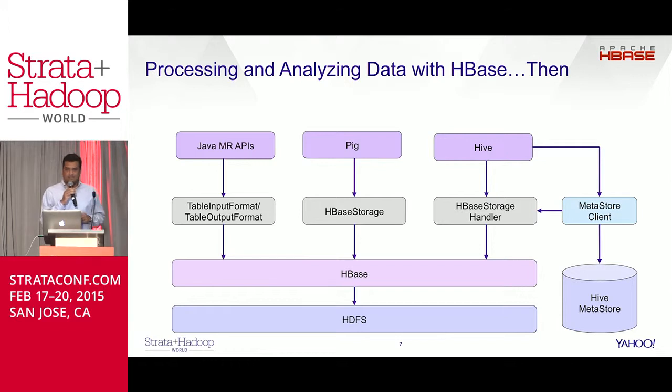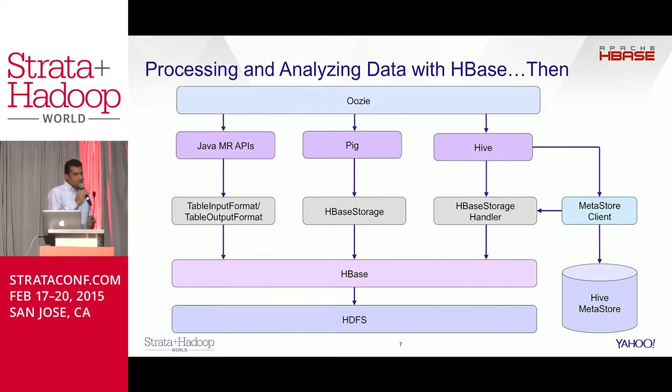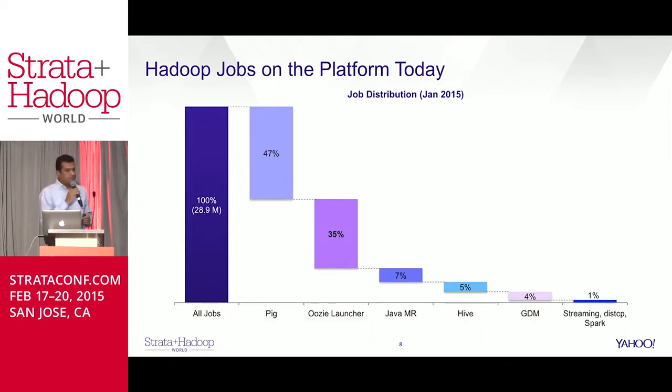HBase is largely the same story, where you work with table input format, output format, storage handlers, but the story of how you process data in HBase is largely the same as Hadoop. Okay. And of course, you have Oozie, just much the same way. Just to give you a sense of the variety of tools that we have, still Pig dominates from a volume perspective.